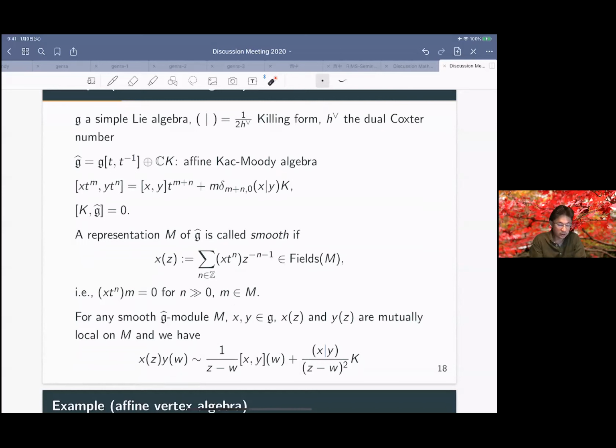And for any smooth representation, because OPE is equivalent to the commutation relation, and this commutation relation shows that these are mutually local, we have this operator product expansion.